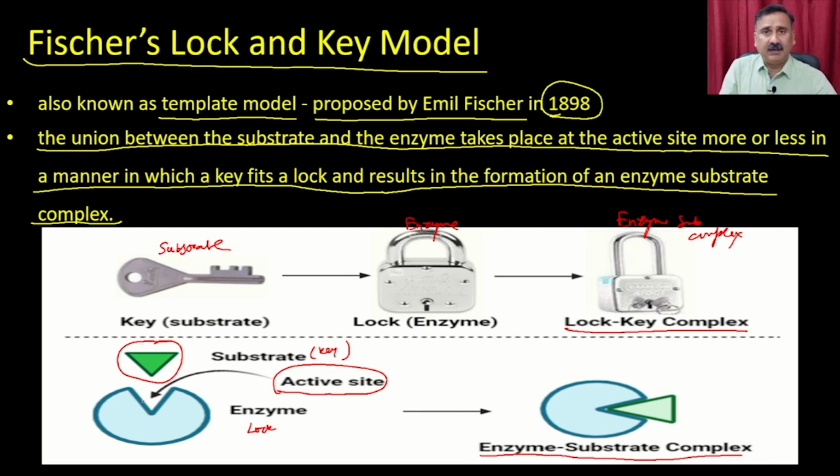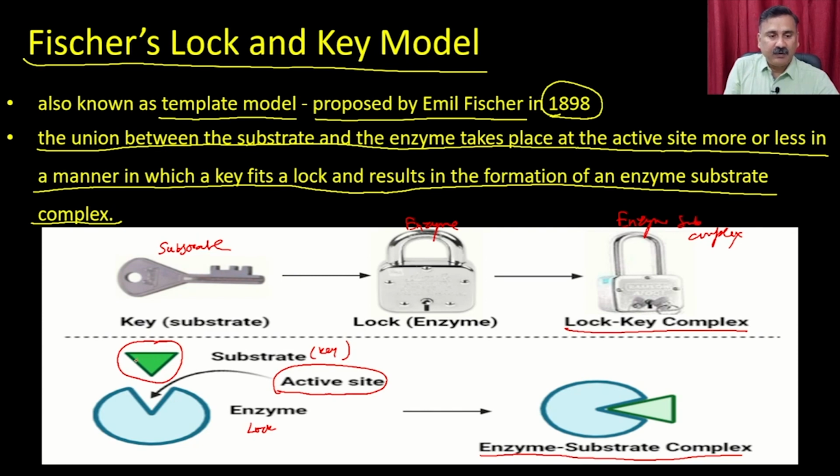Apart from this, if you recall when we were discussing how the enzyme is recognizing the substrate, it also requires the compatibility of different types of functional groups, and the compatibility of the substrate in terms of isomorphism also.